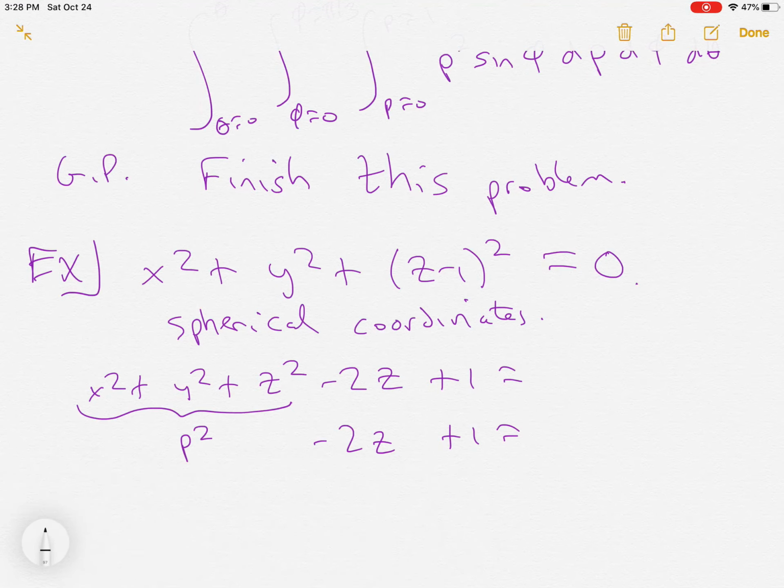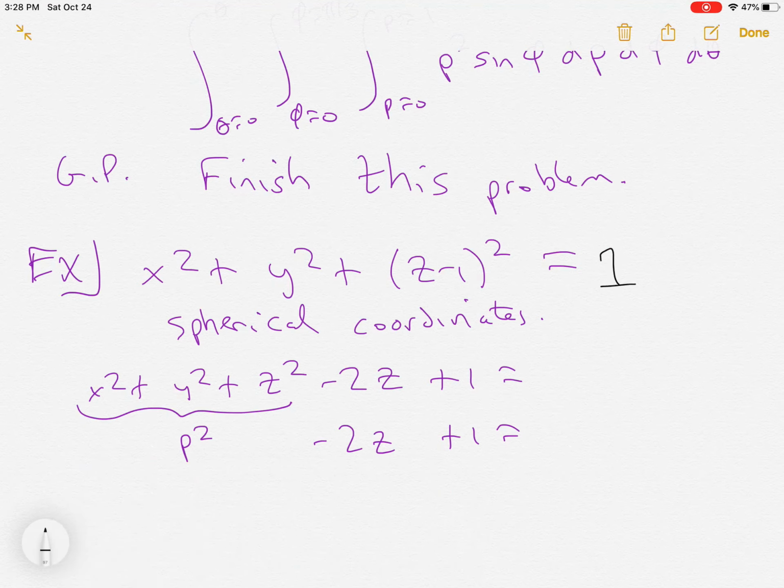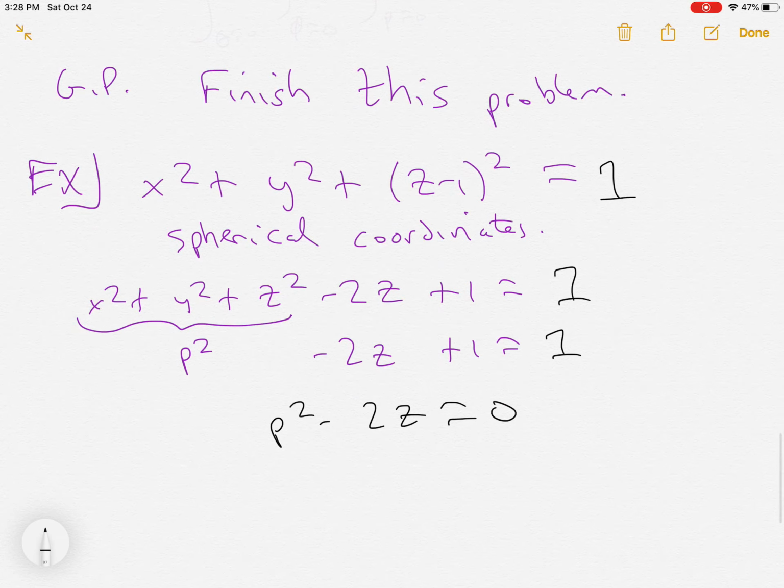Can't be equal to 0. This is supposed to be 1. So it's a sphere of radius 1 centered at 0, 0, 1. And so there's a 1 here, and then a 1 here. So now you have rho squared minus 2z equals 0, so that rho squared is equal to 2z.